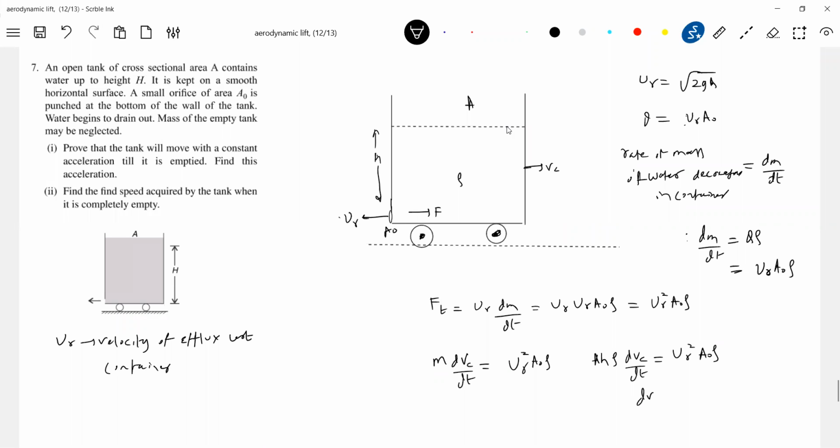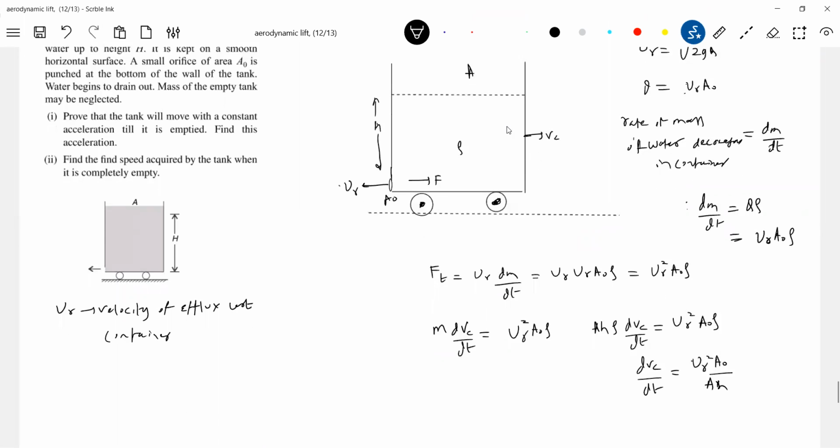So dVc by dt should be equal to UR square A naught by A H. What is Vc? Vc is the velocity of the container with respect to ground, so dVc by dt is the rate of change of velocity of the container. UR is the velocity of efflux with respect to the container. What is UR square? It should be 2gH.